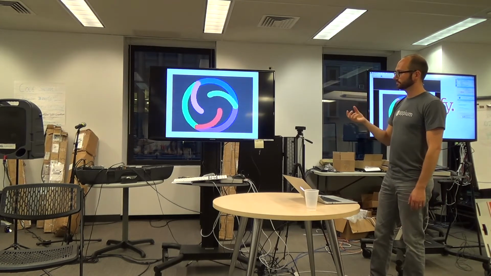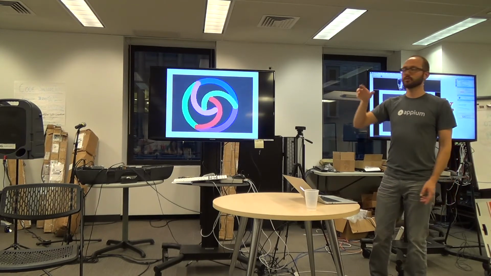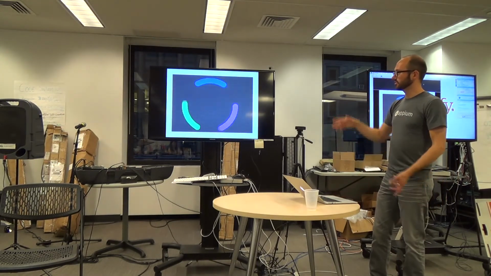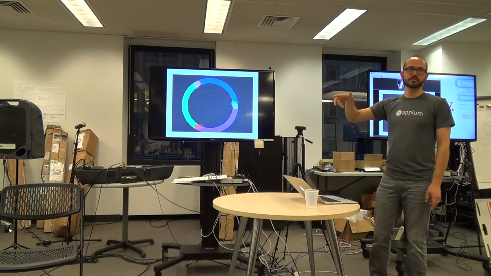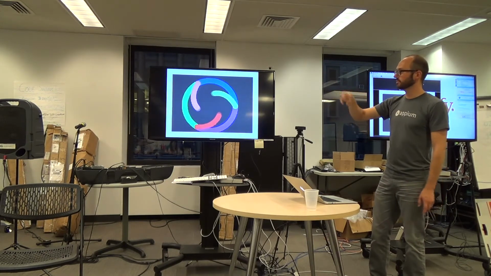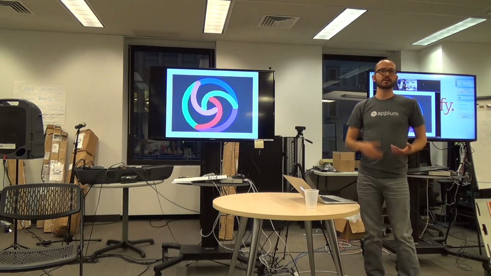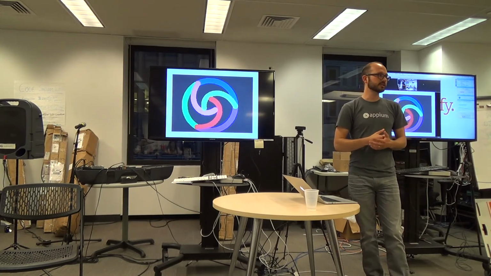So there are three essentially fingers operating at once. So I'll do it again. This is just one gesture command with three fingers going through different points, and then again three fingers going through different points to try and create the Appium logo. So it's possible to automate the kind of complex gestures that you might be using in your application.